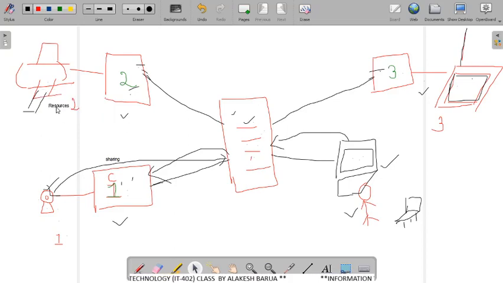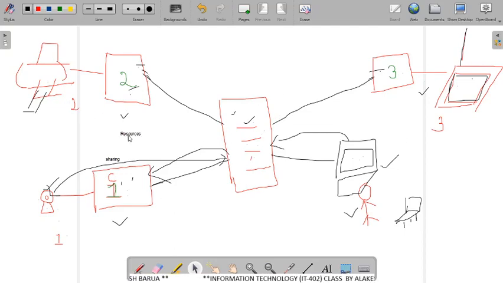So, what are resources? Resources are those devices which can be shared by all the computers that are connected in a network. And what is sharing? Sharing means using the resources that are connected to the computers in a network.